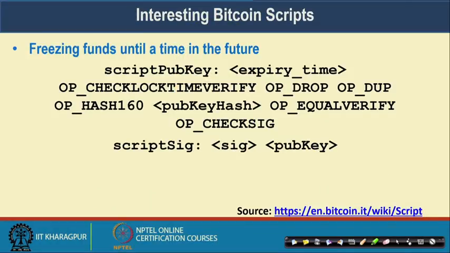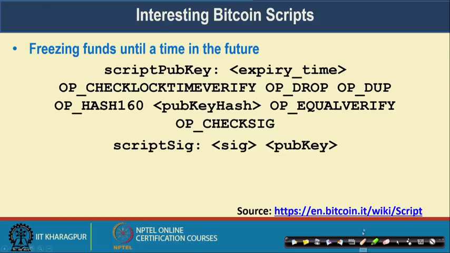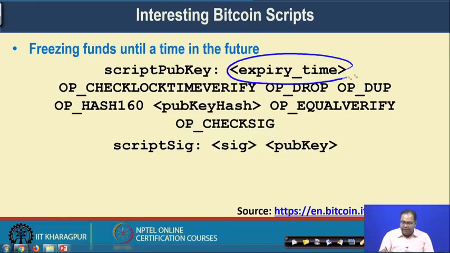Then the third script is one where we are trying to freeze the funds until a time in the future. In the script pub key, you have an expiry time. This expiry time specifies until what time you will not be able to use that particular Bitcoin.